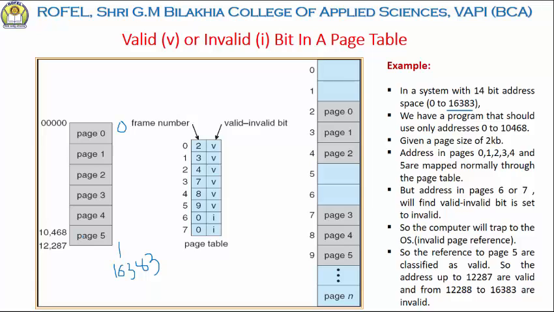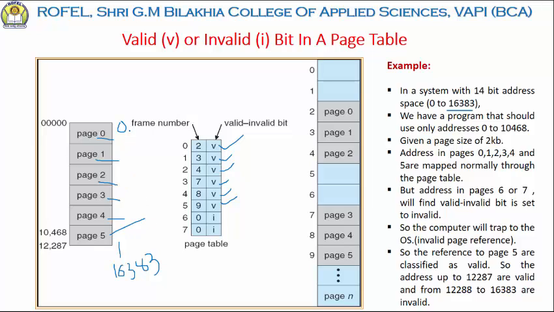Every page size is 2 KB. Now addresses are in pages 0, 1, 2, 3, 4, 5, and then 6 and 7. But see over here, from 0 to 5 all the bits are valid. That means all the pages are valid.